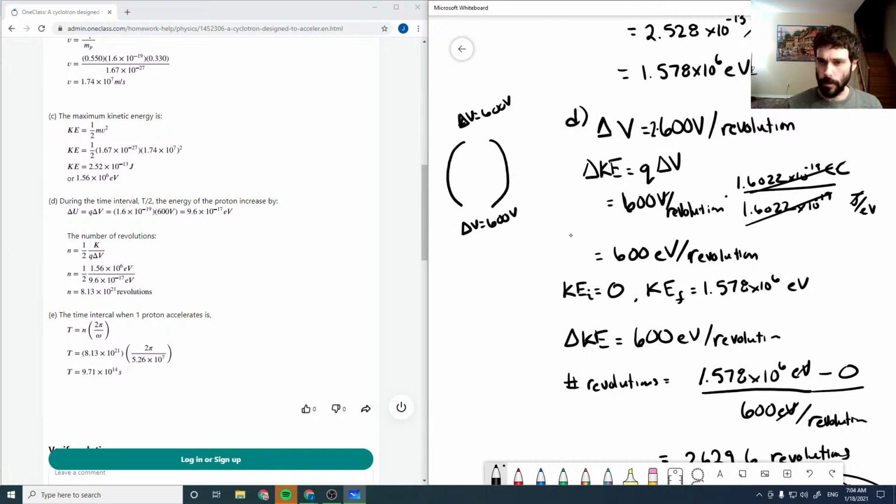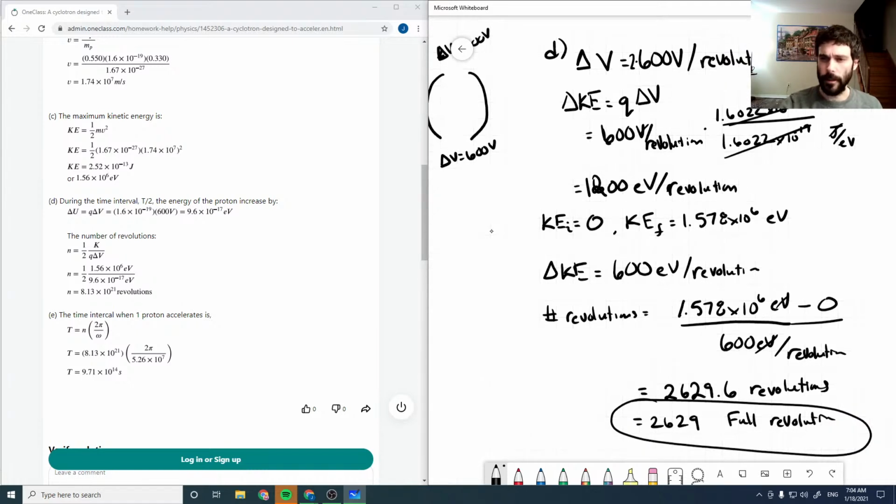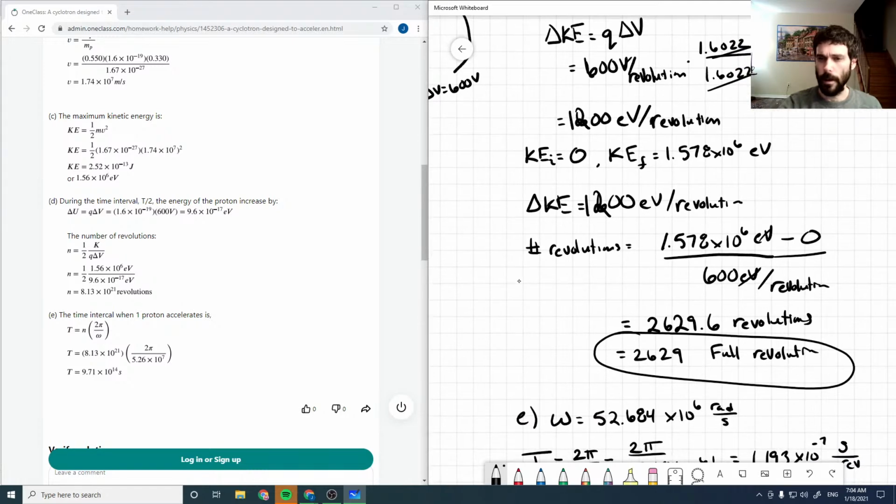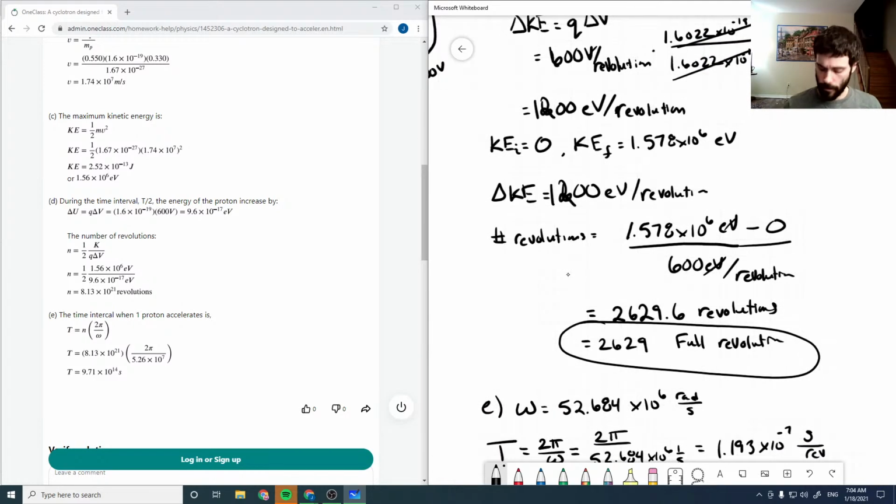So then this should be 2 times this, so then 1200 eV per revolution, which significantly changes things. So again, 1200 eV per revolution. So then the number of revolutions here actually halves.